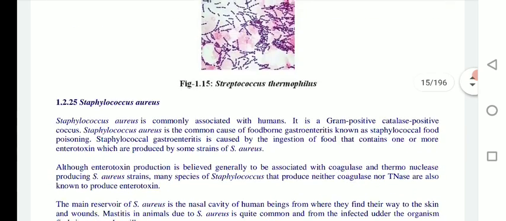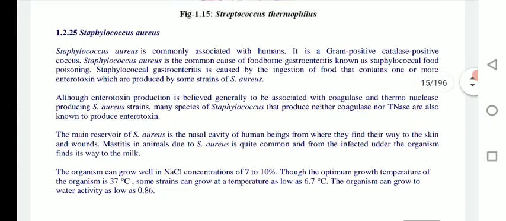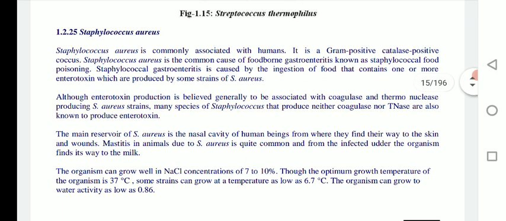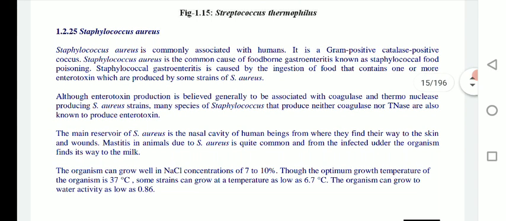Okay. The next important pathogen is Staphylococcus aureus. Again, this is a common bacteria; you have all heard about it. Staphylococcus aureus is commonly associated with humans. It is present as a normal member of the normal flora of your body.